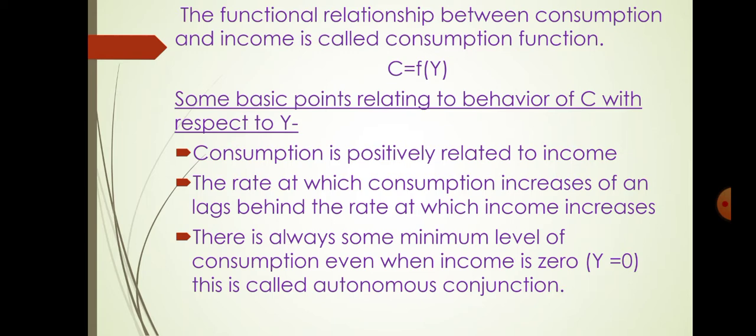A part of income is saved as well, so the rate at which consumption increases is often less than the rate at which income increases. And there is always some minimum level of consumption even when income is zero. This is called autonomous consumption.